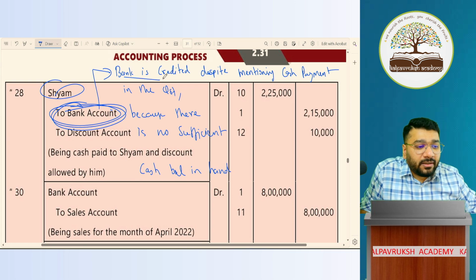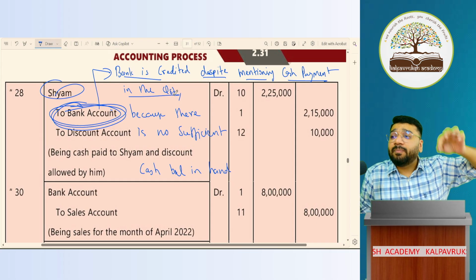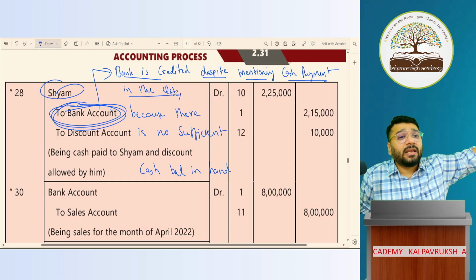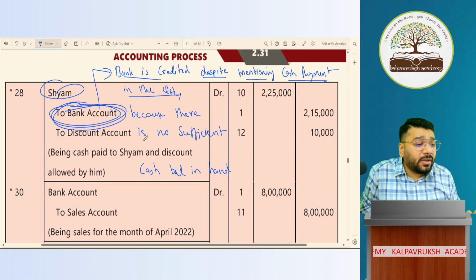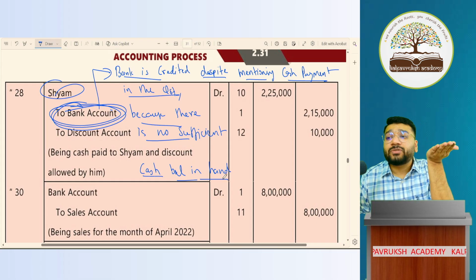In the question, they have mentioned cash payment, but still what have we done? We have credited bank. Why? Because there is no sufficient cash balance in hand.